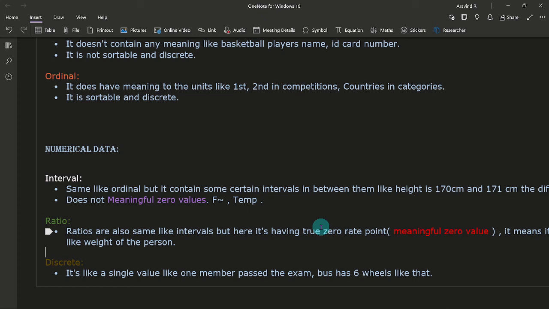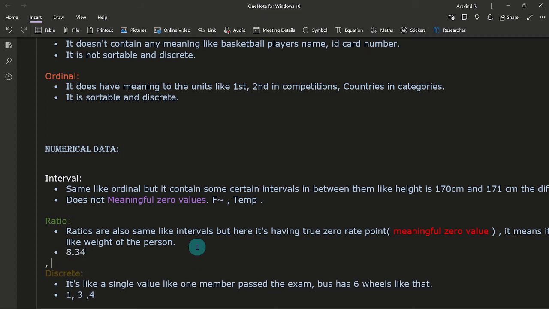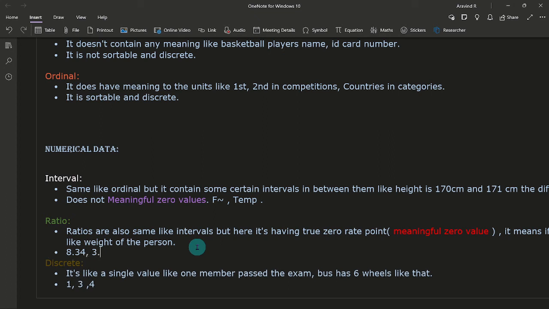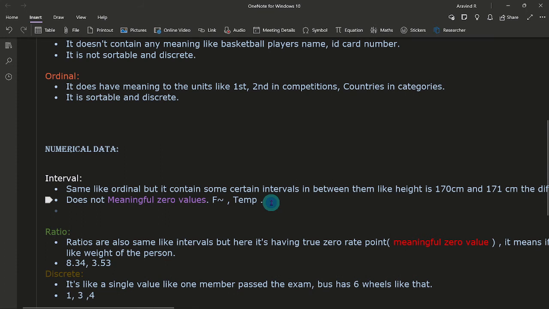If the data does not have any meaningful zero, we can tell it is interval data. If the data has a meaningful zero, we can tell it is ratio data. If the values are discrete, like 1 or 2 or 4, this is the discrete data type. These values may be like 8.334 and 3.753, the same can be there.